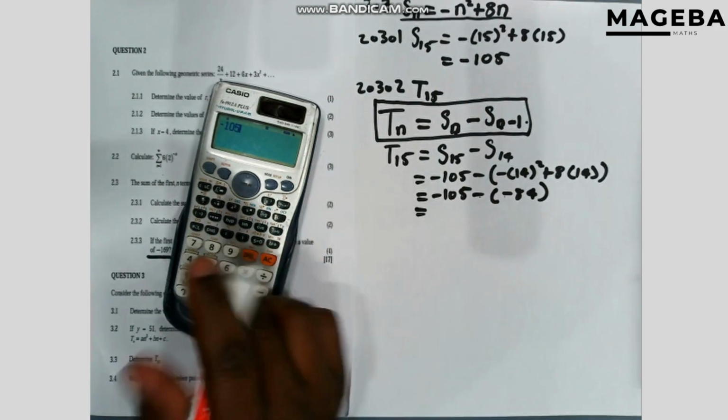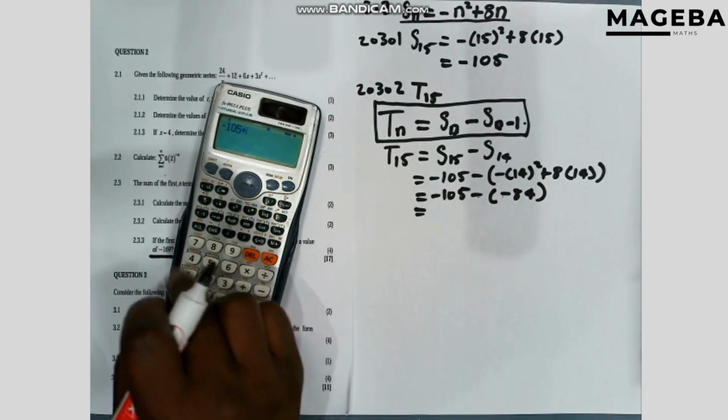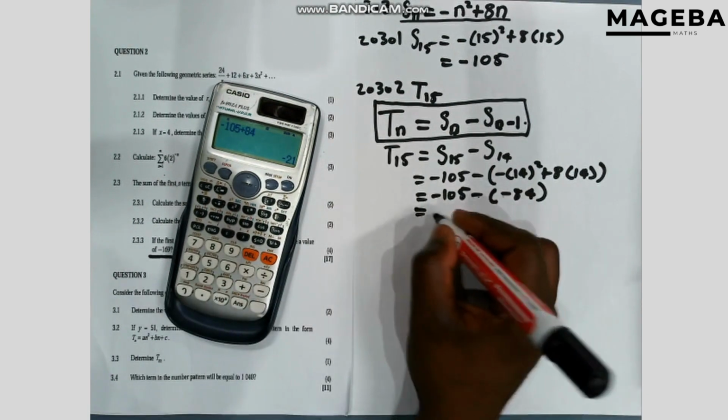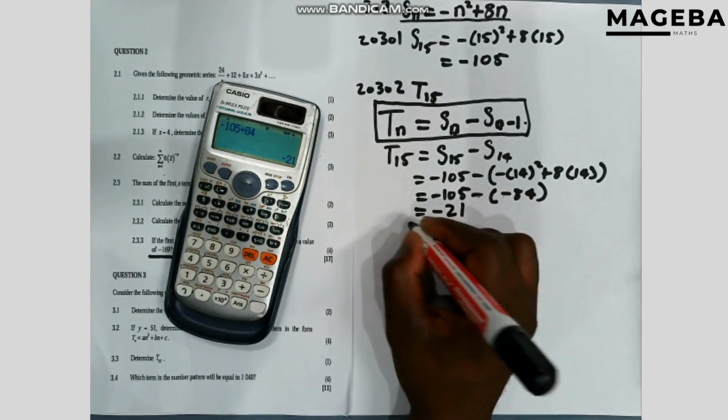Negative times negative is positive, so I'm just going to say plus 84. Then we get negative 21.